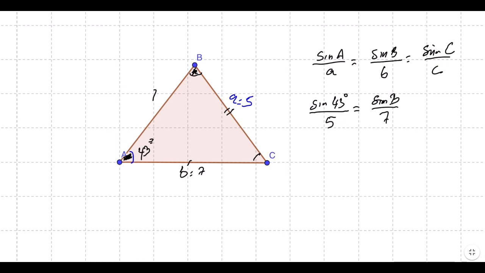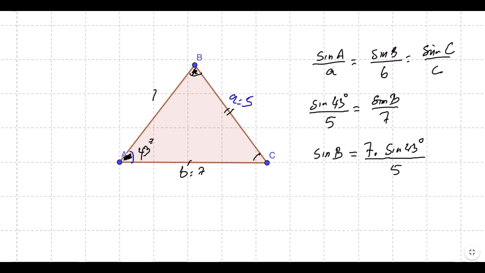From here I can isolate for sine B. So sine B is equal to 7 times sine of 43 degrees divided by 5.